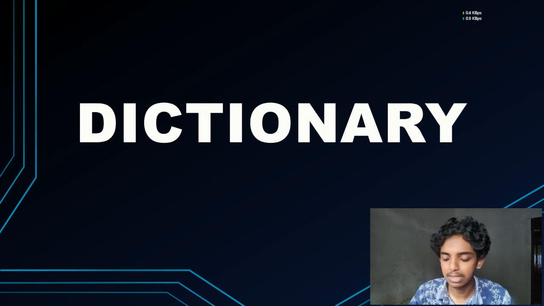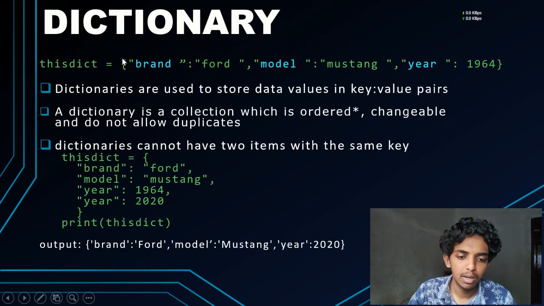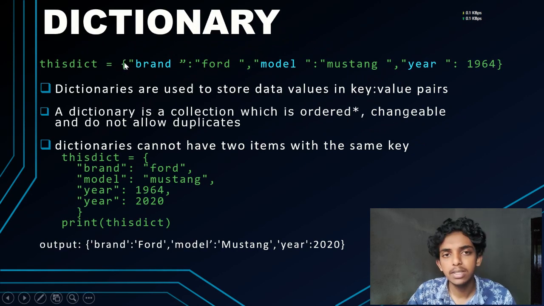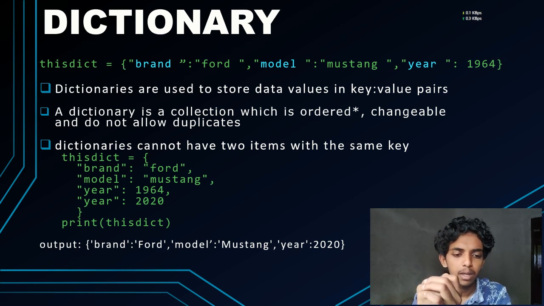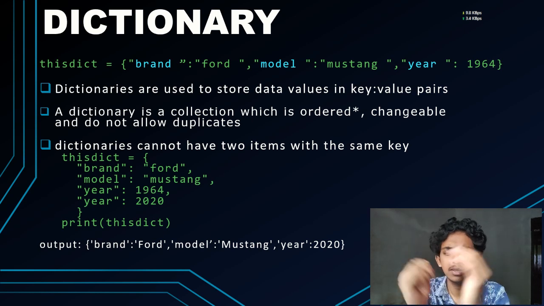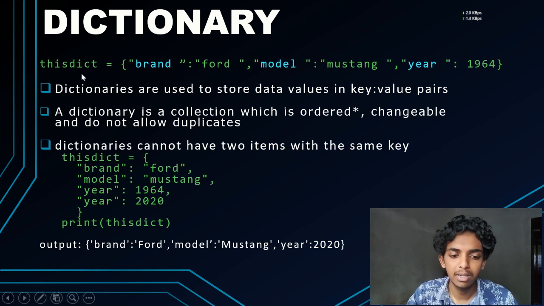Next one is dictionary. In the case of list, we put the elements in square brackets, and in the case of tuple, the elements are in parentheses. Here, the elements are in curly braces, and it has some specialties.